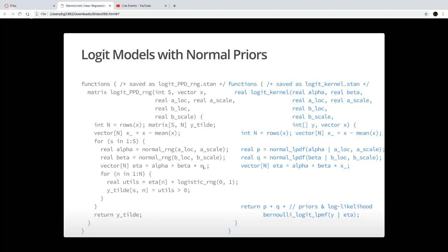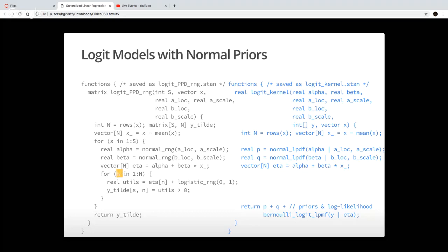I get a vector of size N, which I will call eta. So you may be accustomed to interpreting eta as the log odds of success in a Logit model. That's a valid interpretation, but not one that I think is the most useful in the social sciences. And here's an alternative one.